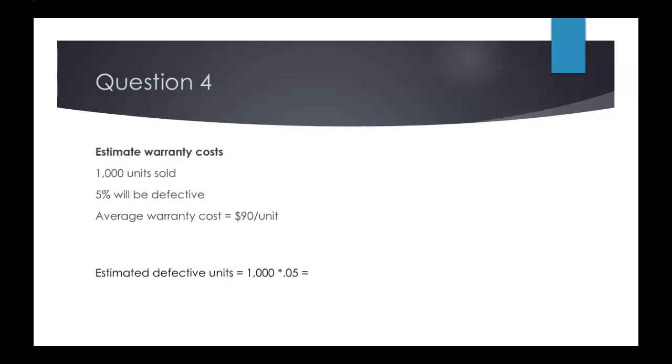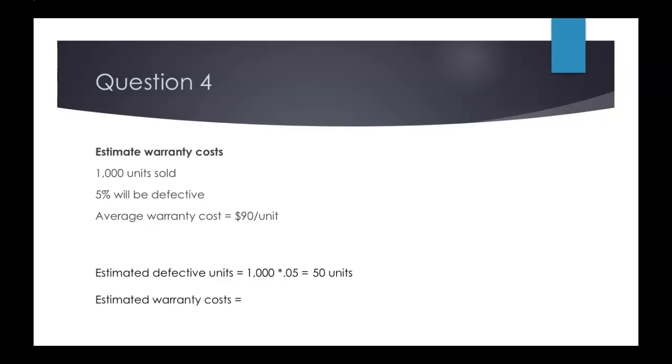So that's going to be our 1,000 units times our 5%, 0.05. And if you take 1,000 times your 5%, you end up with 50 units. So we think that 50 of these units will end up being defective. We've sold 1,000, 5% will be bad, that's 50.